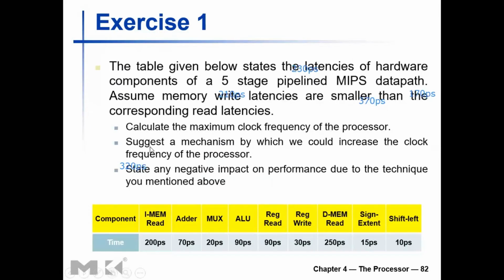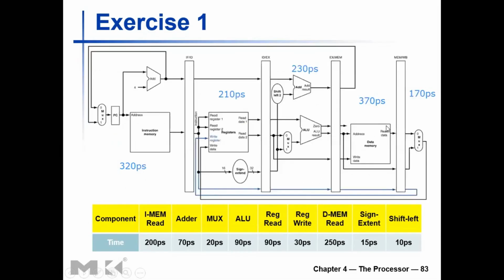So the next is you have to suggest a mechanism by which we could increase the clock frequency of the processor, and then any negative impacts on performance from the technique you suggest. In order to increase the clock frequency, our clock frequency is dependent on that bottleneck stage, so you have to improve that stage, right?